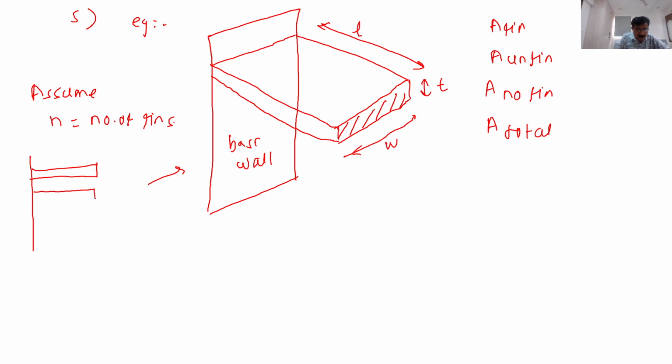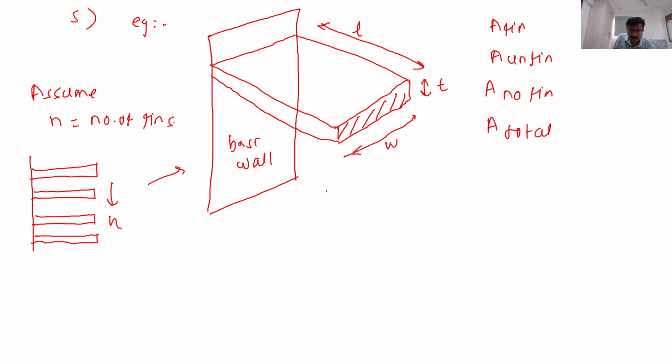But if I want to show the number of fins, second, this is third, this is fourth, and like that. So it is n number of fins arranged one above each other. So that is the case in reality, because most fin systems do not have a single fin, they have number of fins. So considering the practical case of number of fins, I want to determine these areas.